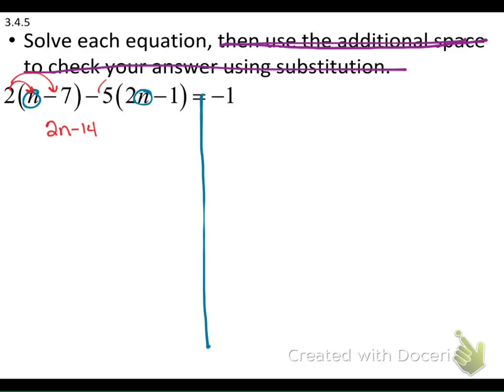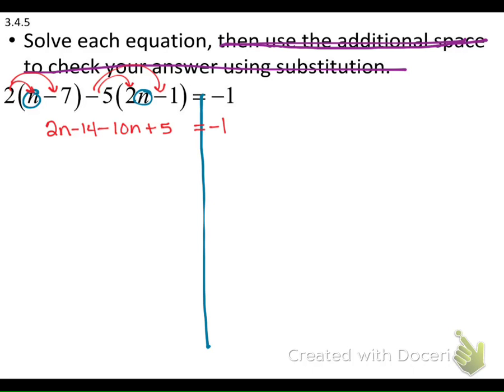So I'm going to take that -5 times 2n and get what? -10n. Yeah, -10n. And then -5 times -1, what do we get? Positive 5. Good. And then I just go ahead and bring down my -1 on the right side. Okay. I've now distributed.